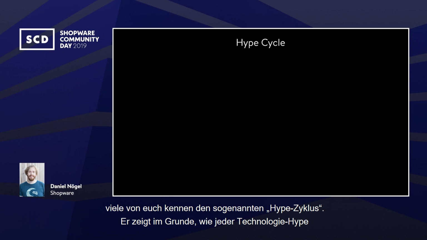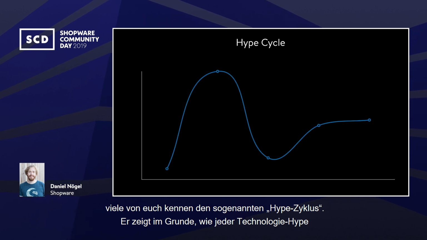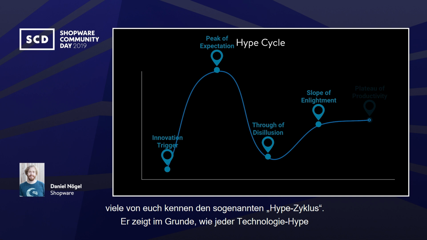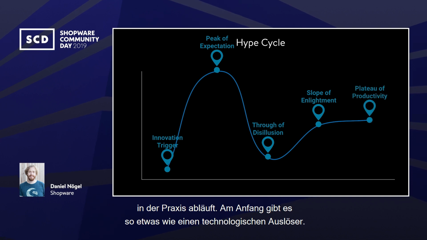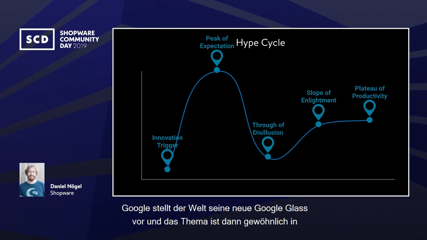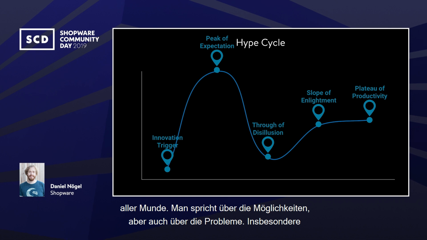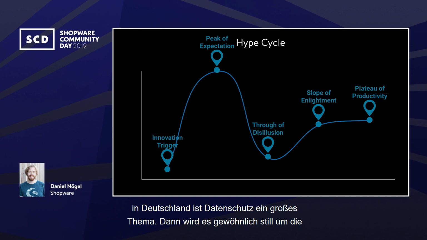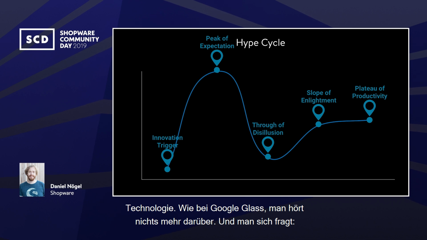And I think many of you will know the so-called hype cycle diagram. This is basically showing how every hype technology works in practice. So at the beginning, there will be something like an innovation trigger. Google will present the new Google Glass to the world. And then usually everyone will discuss it, the opportunities and also the problems. Especially in Germany, we will talk a lot about privacy concerns and such things. And then usually it becomes silent about this technology, as for example with Google Glass.